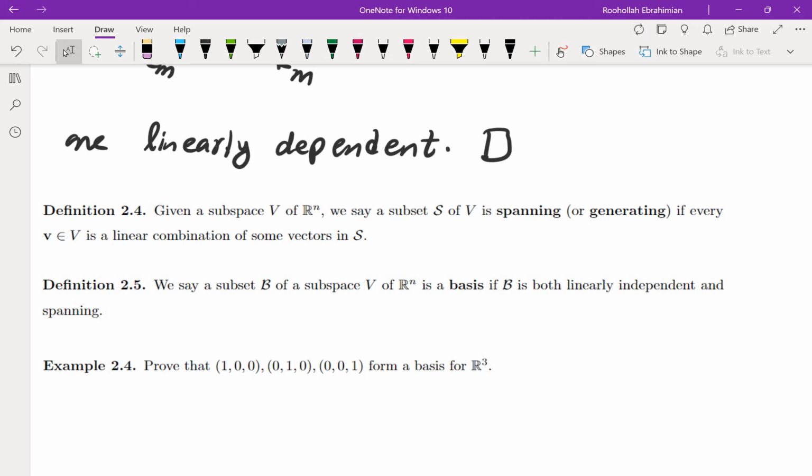We say a subset B of a subspace V of Rn is a basis if it is both linearly independent and spanning.